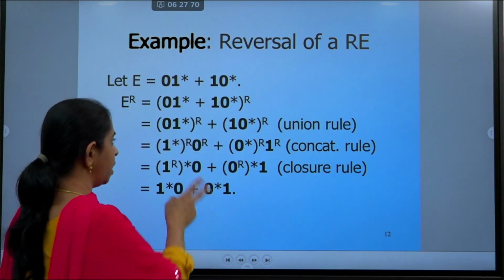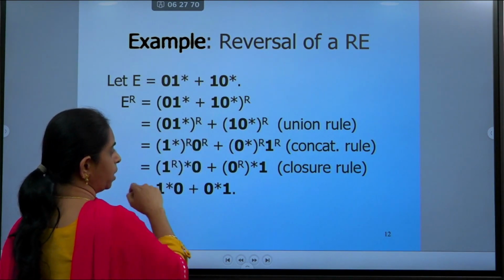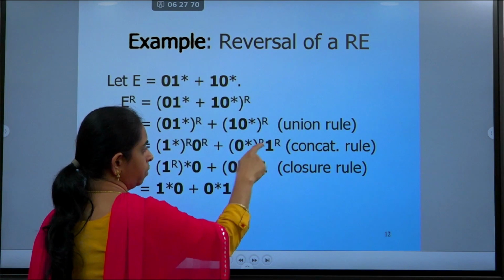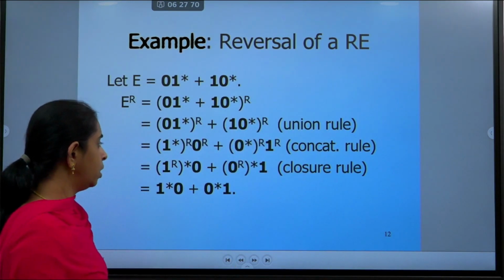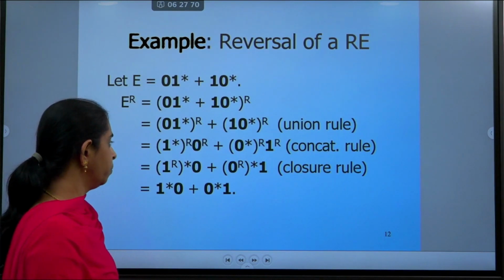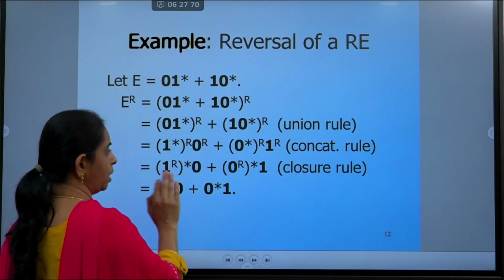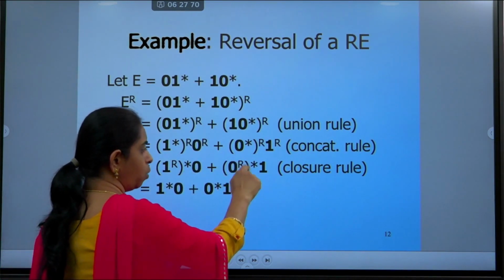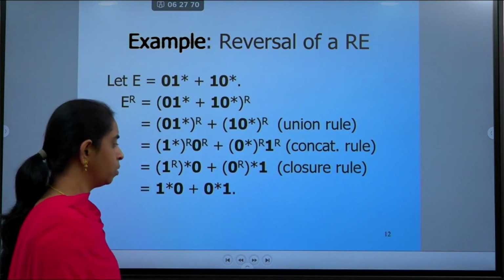Next, take the concatenation rule: 1 star power R into 0 power R. For the same expression we get 0 star power R into 1 power R. Next, apply the closure property: 1 power R whole star is 1 star itself, 0 power R is 0 itself, 0 power R whole star is 0 star itself, and 1 power R is 1 itself.